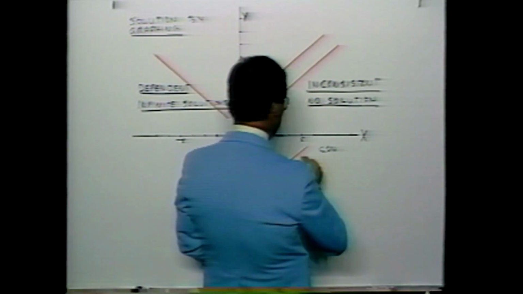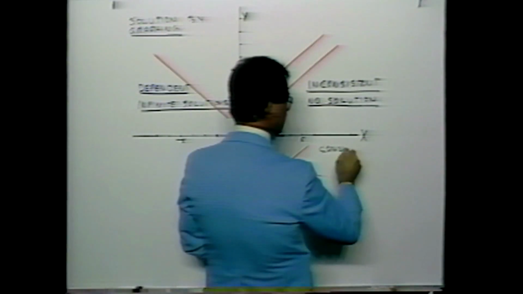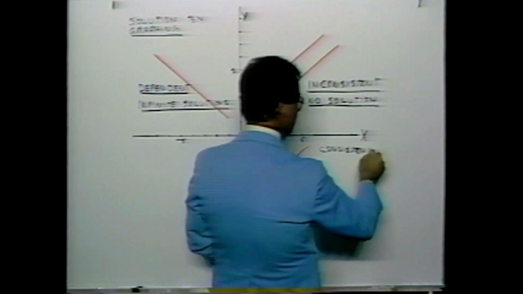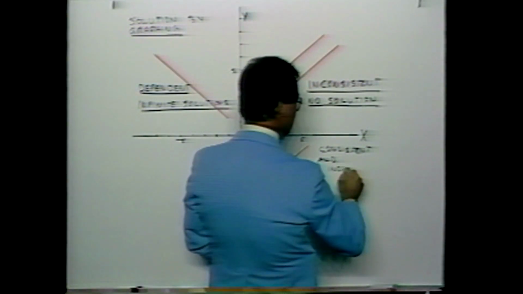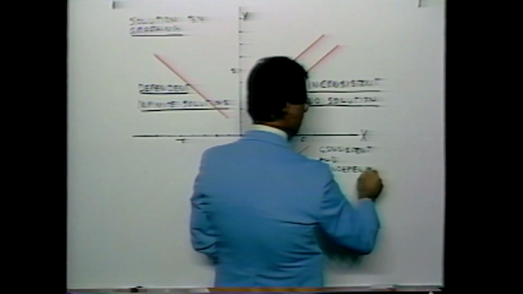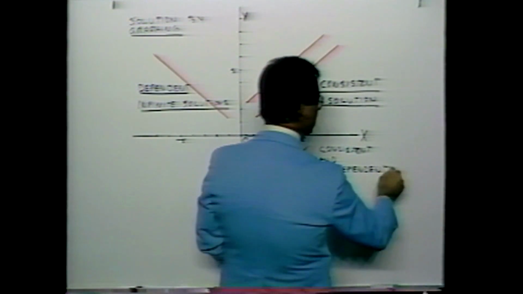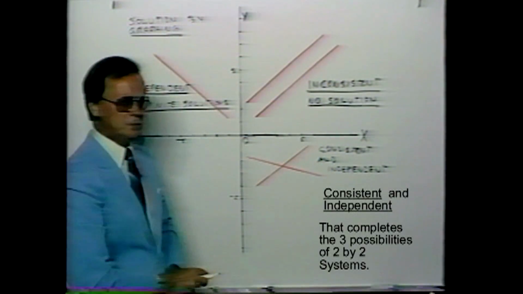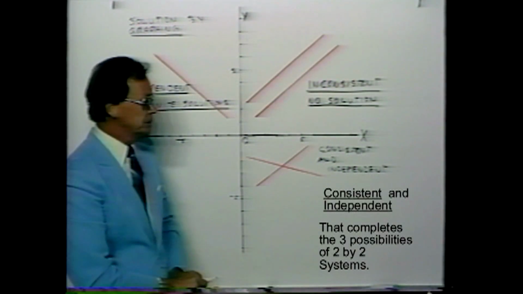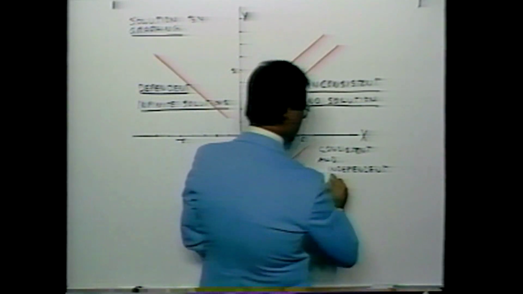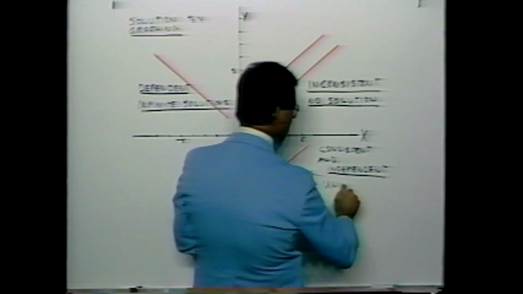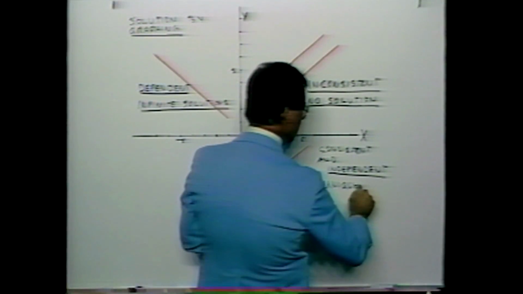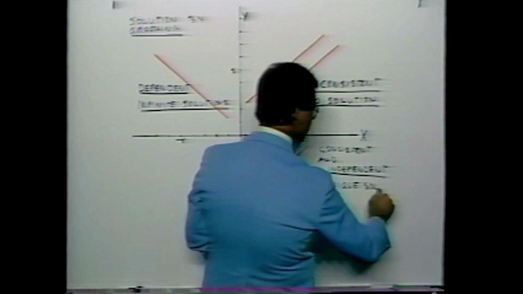Doesn't make any difference. This is consistent and independent. These are words we use to identify the different situations. So there it is, and this has a unique or single solution.